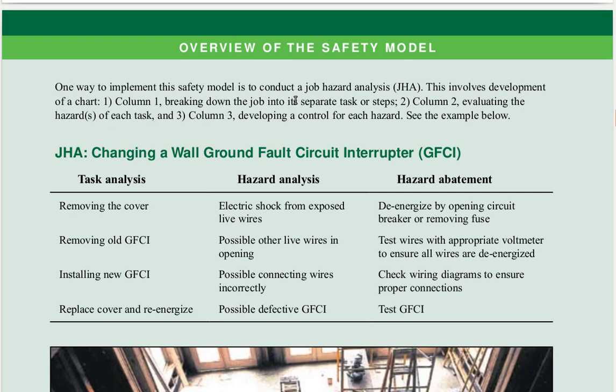So note, you have the separate task listed. Then you evaluate the hazard of each task, and then in column 3, development of a control for each task. Example below.